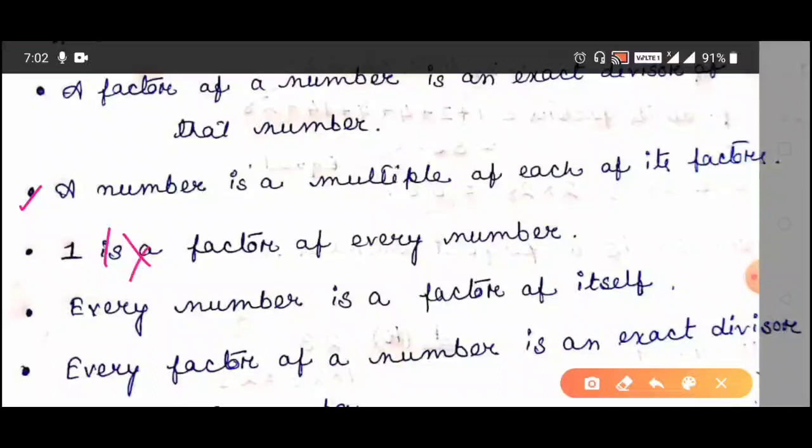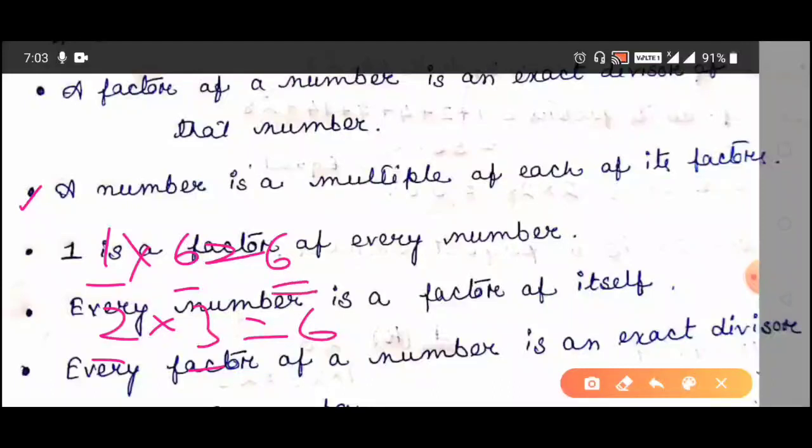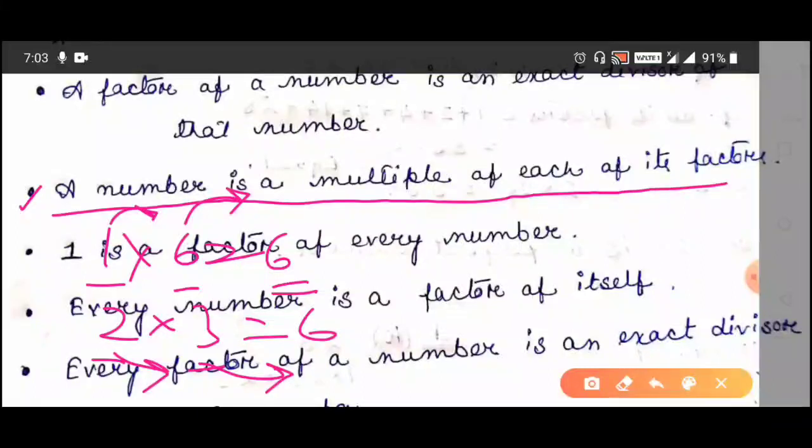Whenever we write 1 into 6 is 6, 2 into 3 is 6, these 1, 2, 3, 6 are the factors of 6, and in the same way, we will say 6 is the multiple of 1, 6 is the multiple of 6, 6 is the multiple of 2, 6 is the multiple of 3. So, a number is a multiple of each of its factors.